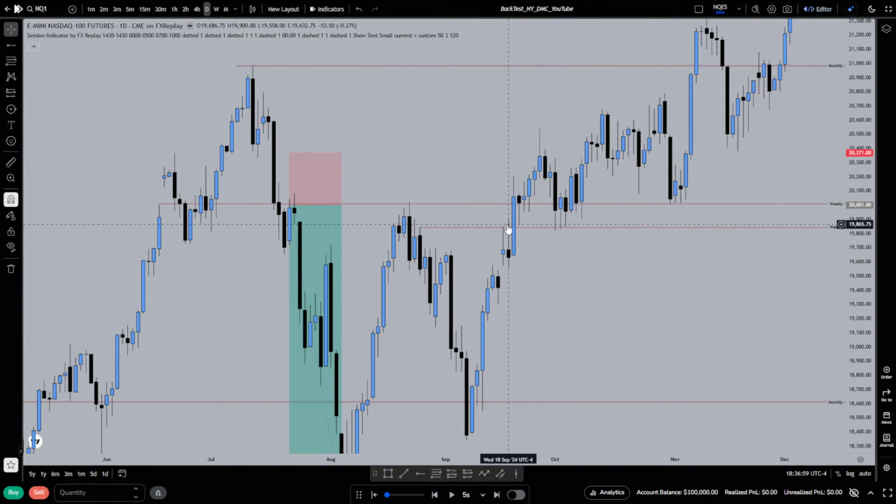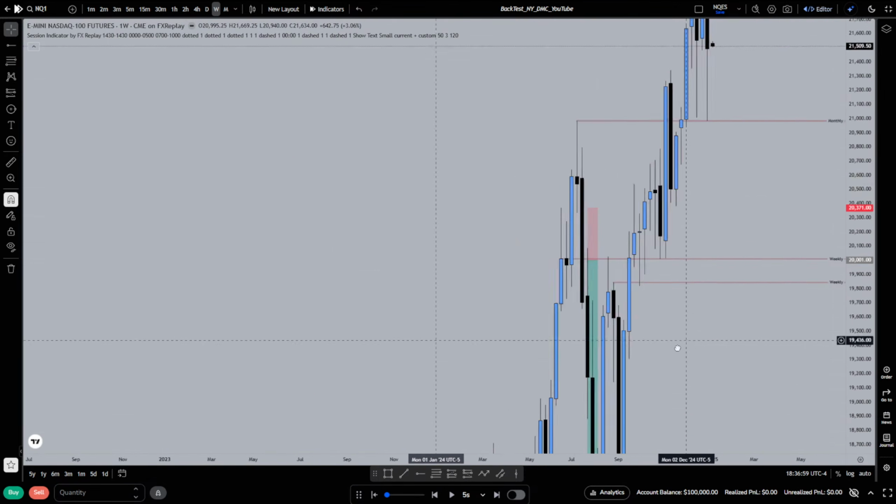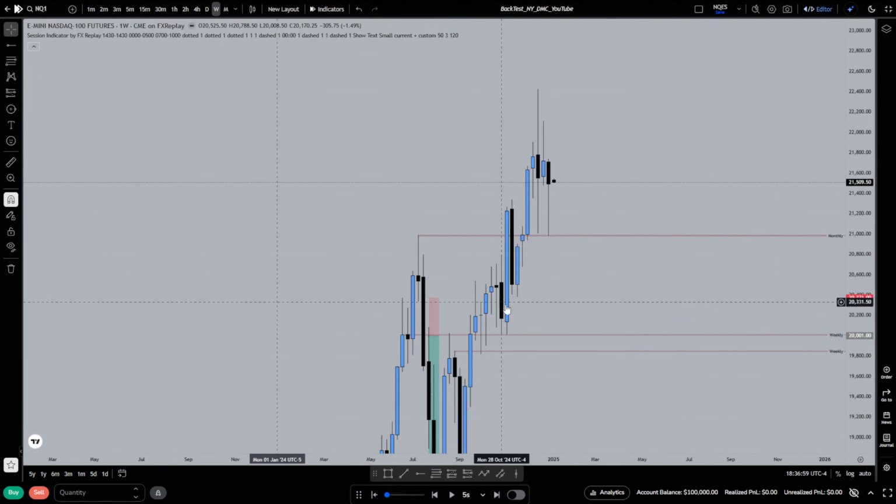So this level was broken here, retest that, and then we move off, creating another high. After we visit this level, we move back up, we create a new high. Now we have another weekly level.